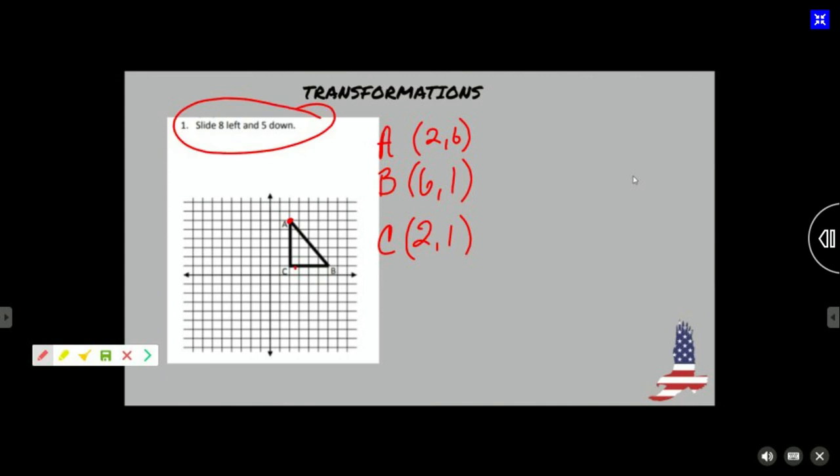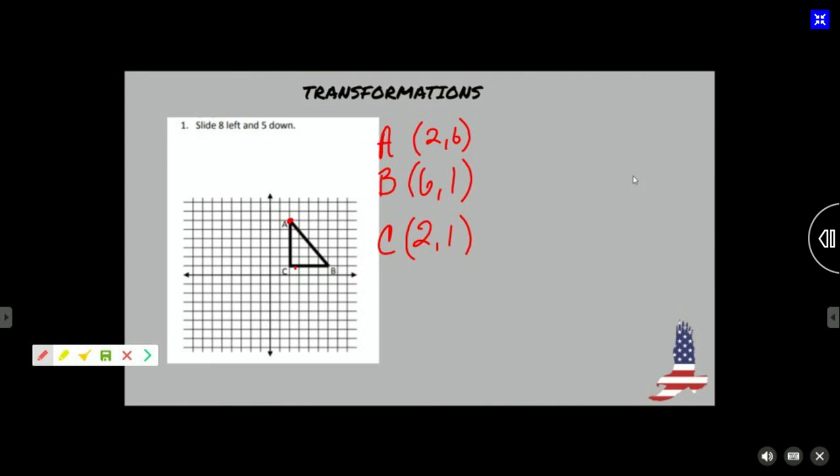Here's my translation. So remember, a translation, just a slide. No flipping, no getting larger, no getting smaller, no changing shape, just a slide. I've got to slide this one 8 left and 5 down. So tell me, what is the rule for this?